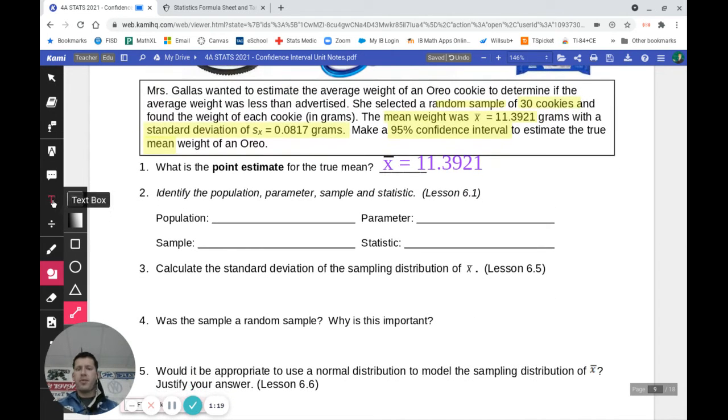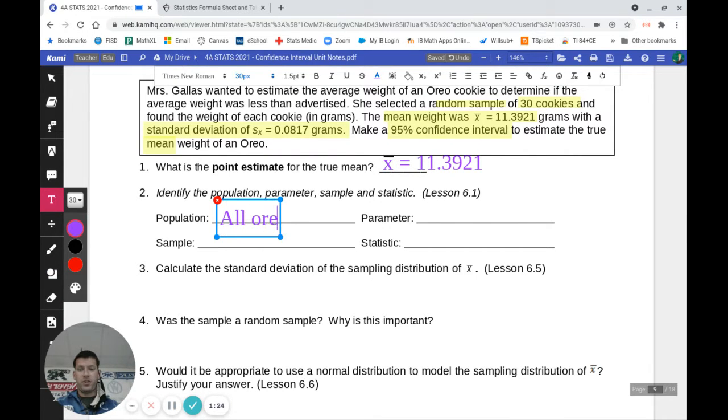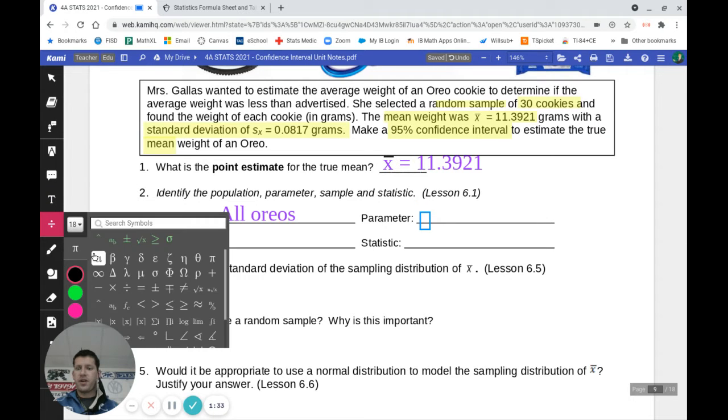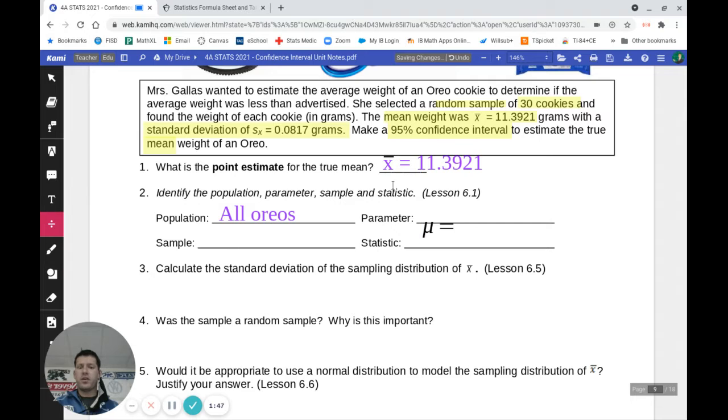Our population is going to be all Oreos, and we want to know the true mean, mu. Let's get our equation editor and throw a mu in here, nice and big. It looks like a u with a little front tail, and that represents the true mean weight of an Oreo cookie.